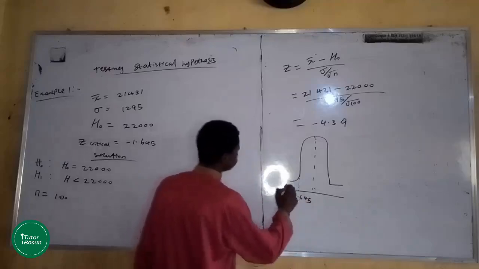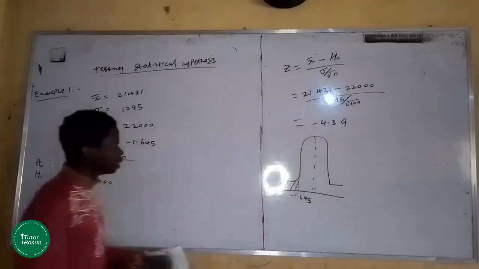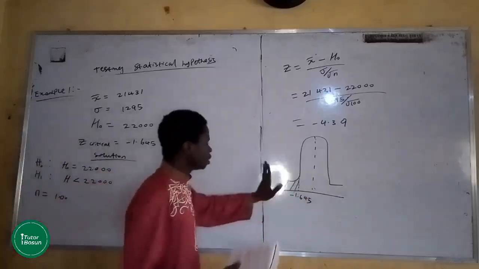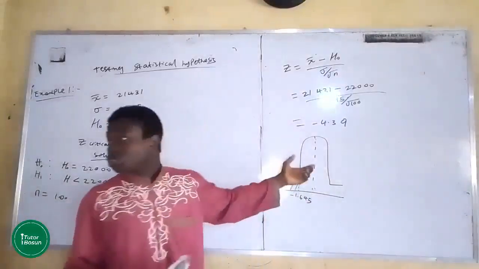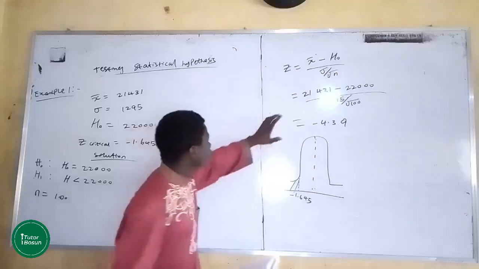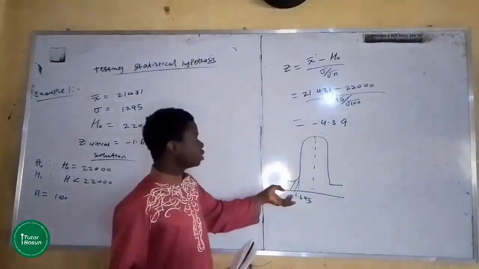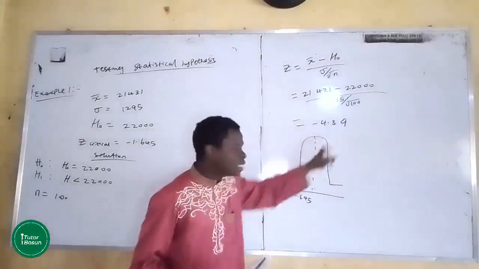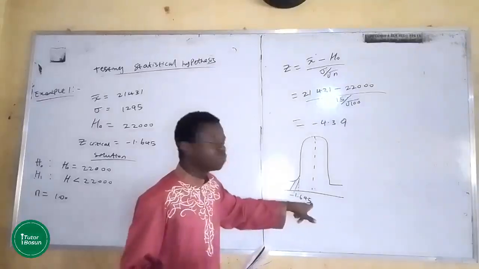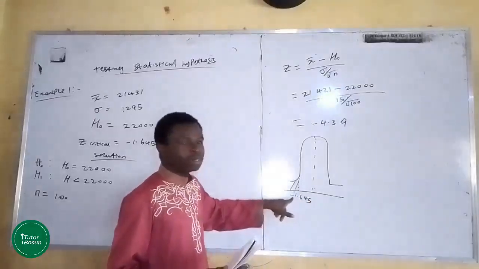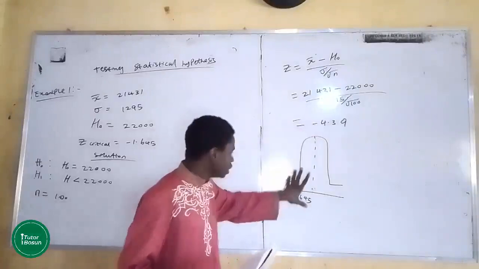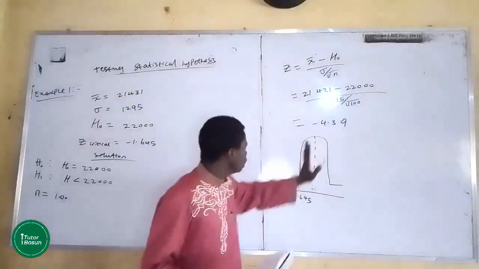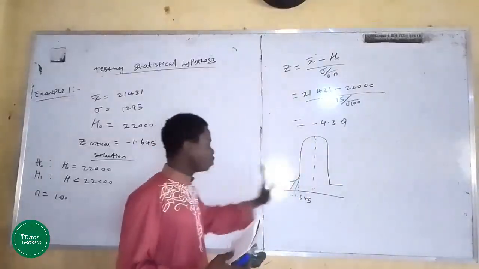So let's say, anything that falls within this critical region here, it will be what? It will be rejected. So let's say, does this fall within this? Minus 4.39 is less than minus 1.645. Don't forget it is a negative. So it is less than this. So automatically this will fall within this region.